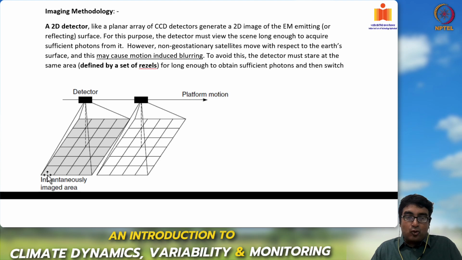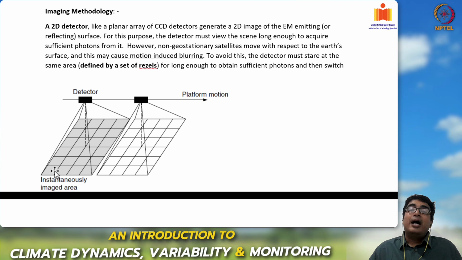So this square is being mapped to a single CCD light sensitive element, this square is mapped into a second adjacent light sensitive element, and so on and so forth. So suppose you have a 200 cross 200 CCD array, this will be a 200 cross 200 map, where photons from each square are being detected by an individual light sensitive element.